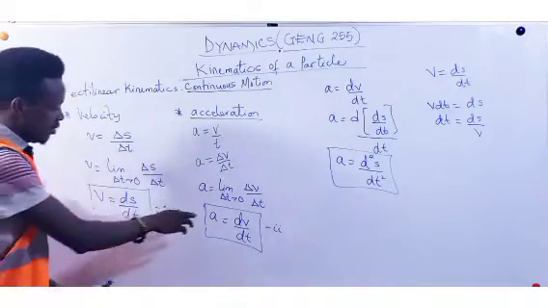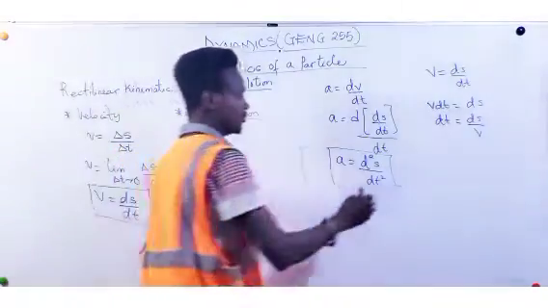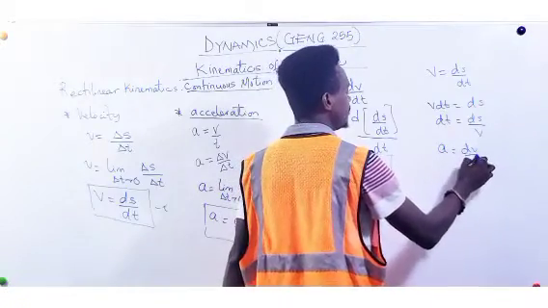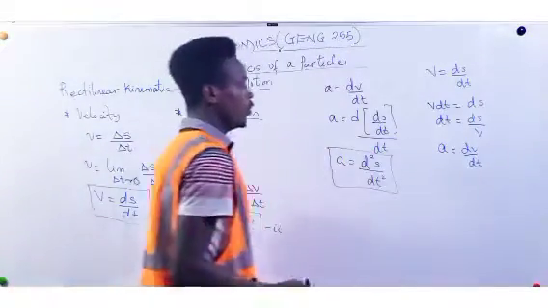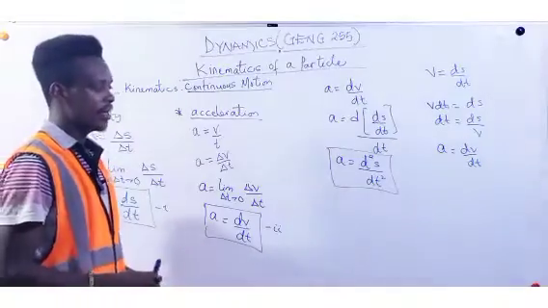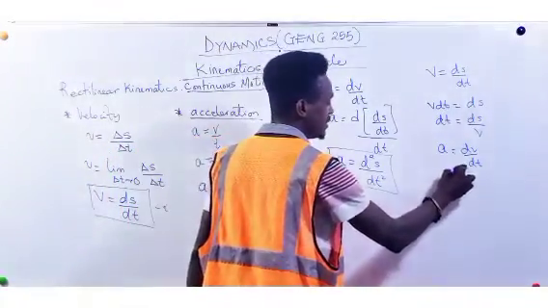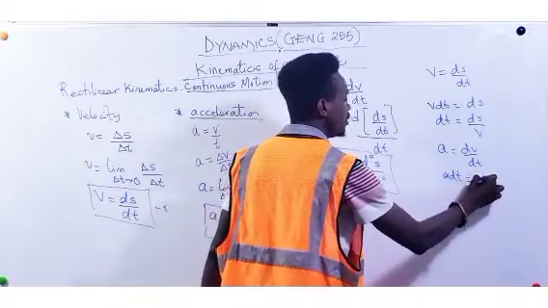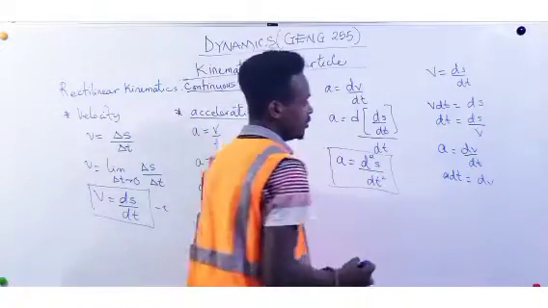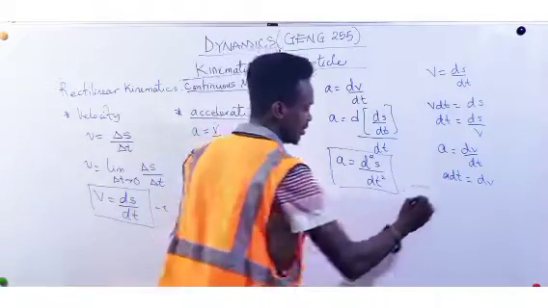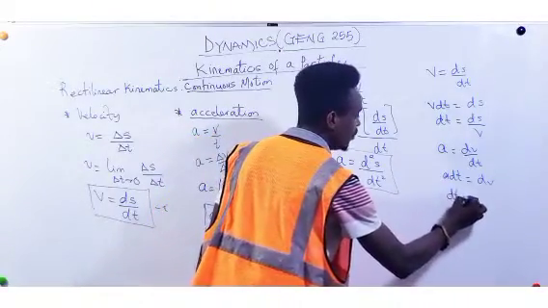Again, looking at equation 2, we have a equal to dv by dt. So if we want to make dt the subject again, we cross multiply and have a dt equal to dv. We make dt the subject, so we divide by a.